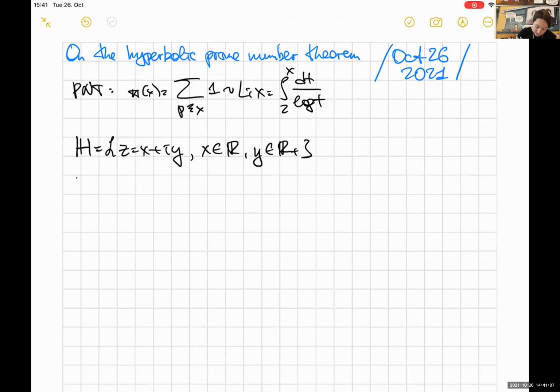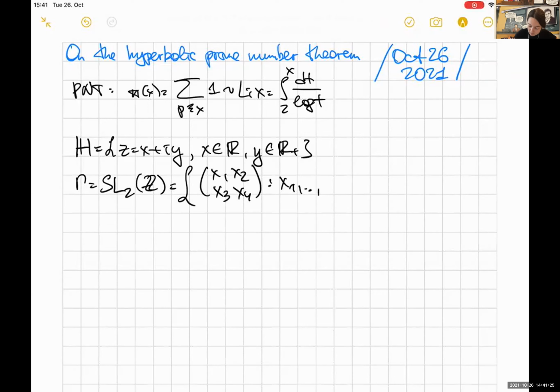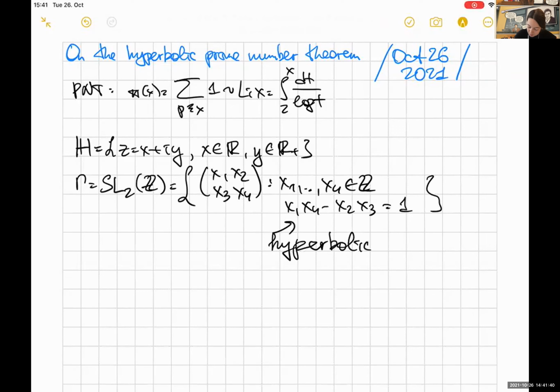Then let me define Γ, which acts on H, which is SL2(Z), the set of 2 by 2 matrices (x1, x2; x3, x4) such that x1, x2, x3, x4 are integers, and we have the hyperbolic condition x1x4 − x2x3 = 1. This is what I call the hyperbolic condition; I will call it by this name many times. Γ acts on H by fractional linear transformation.